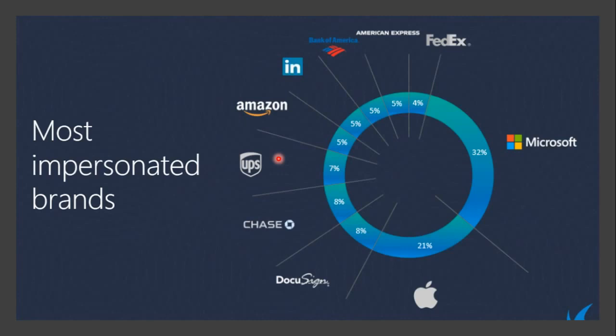So DocuSign is also getting impersonated. And attackers are using this to steal personally identifiable information such as credit card and social security numbers, and so on. Mostly, the highest number of impersonated brands that we have seen are Microsoft and Apple.